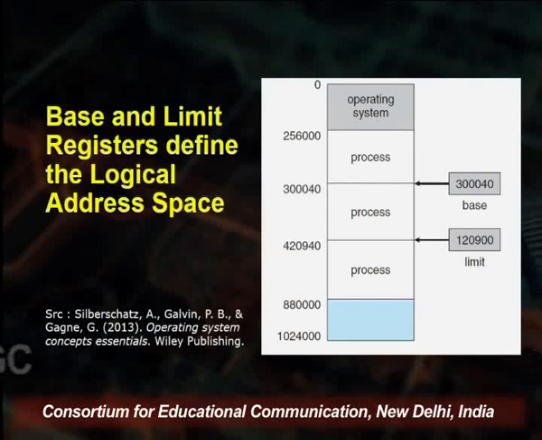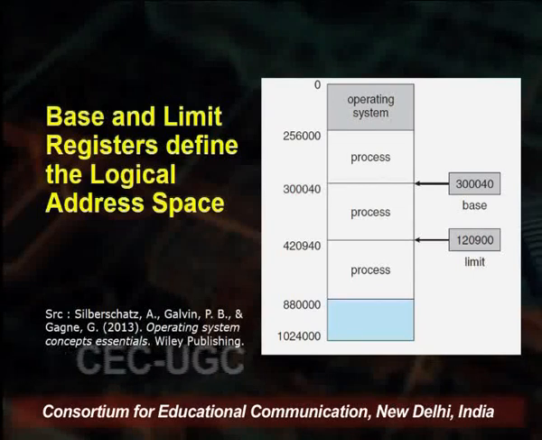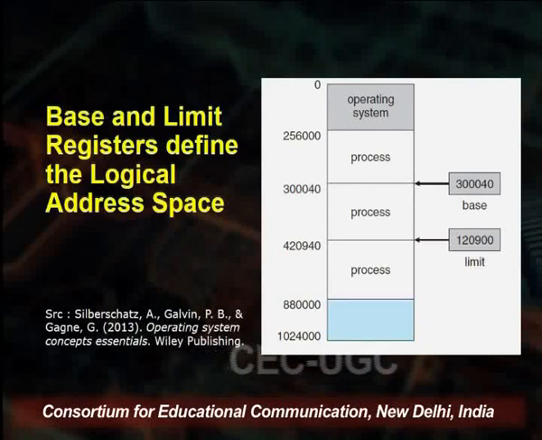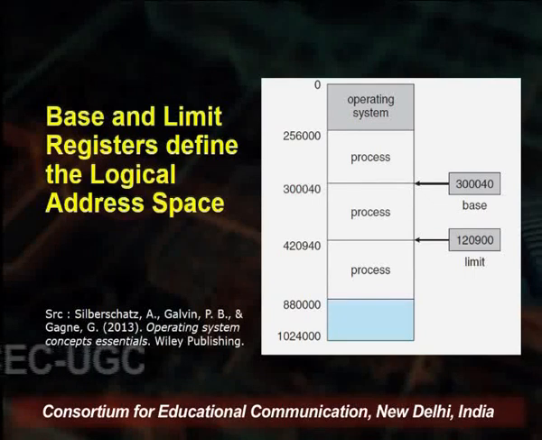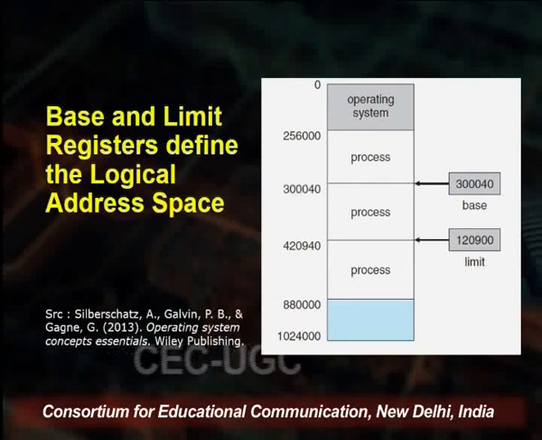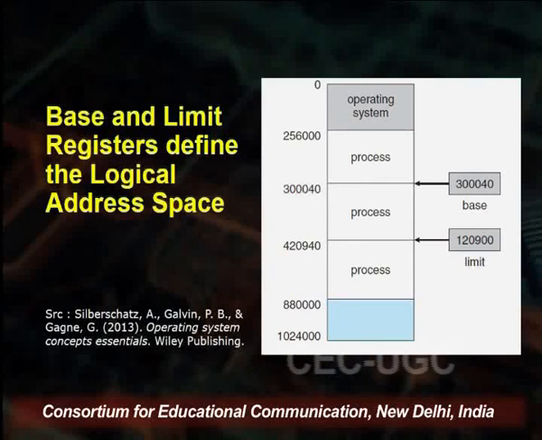space. If this entire box represents the memory, we have a particular area which is the operating system area. This area is reserved for the operating system. The rest of the area is for the user area. Say, for example, one process has its base value as 30040 and its limit value as 120900.